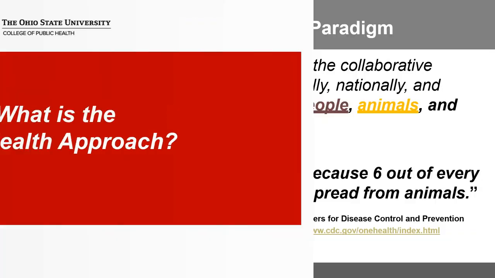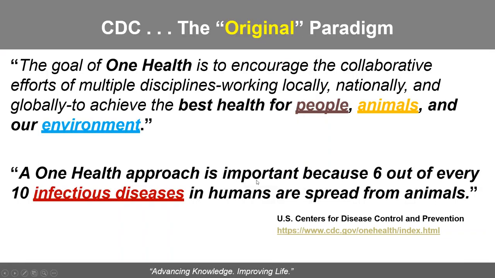The conventional, if not the original paradigm, from CDC, looks at the interface of people, animals, and the environment, not just people and the environment, which has been the focus of what I've been presenting today, but recognizing that more than 6 out of 10, more than 60% of infectious diseases in humans are spread from animals to humans.